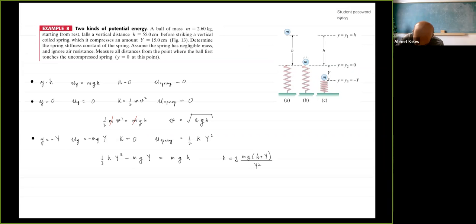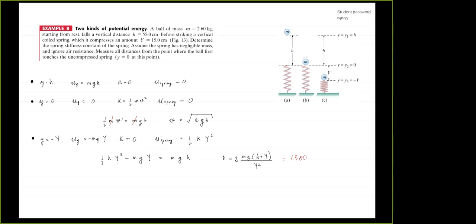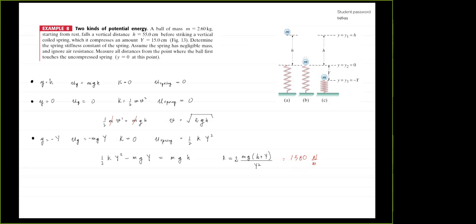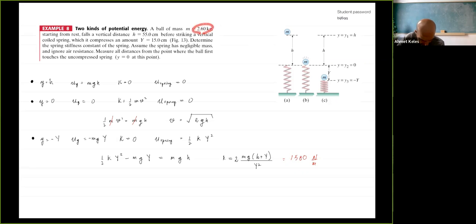I found something like 1,500 Newton per meter, right? And of course, I didn't do a good job with significant digits. Maybe I did. There's like 3, 3, and 3, and I had 3 digits. Okay, that's what it should be like. Good. Any questions?